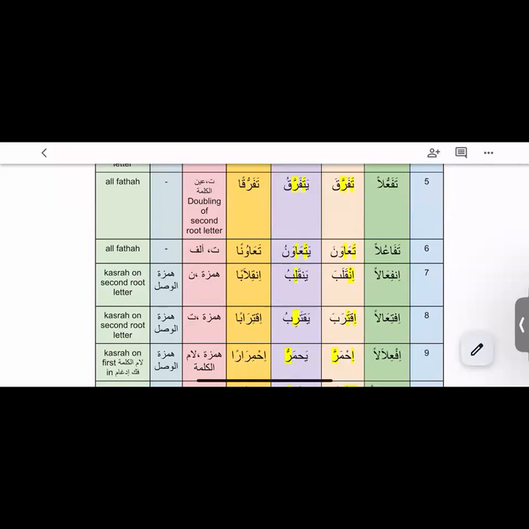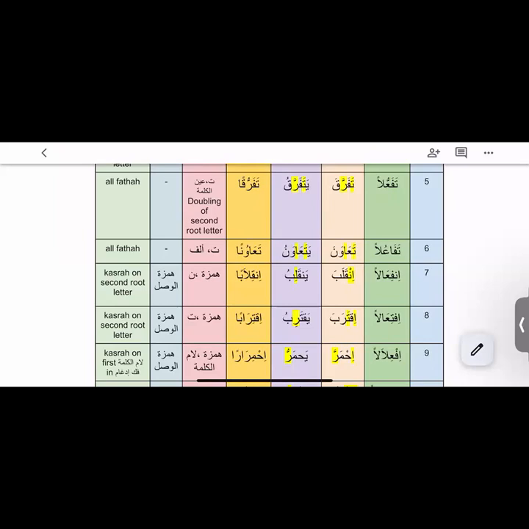Somewhere kasra will be found in the rest of the families that you have covered so far. Does it make sense? In case of 2, 3, 4, the kasra is on ain al-kalima. In case of 7, 8, the kasra is on ain al-kalima again, right? The kasra starts coming back on ain al-kalima, and you see inqalaba, yanqalibu, inqilaban, fahuwa munqalibun, right?